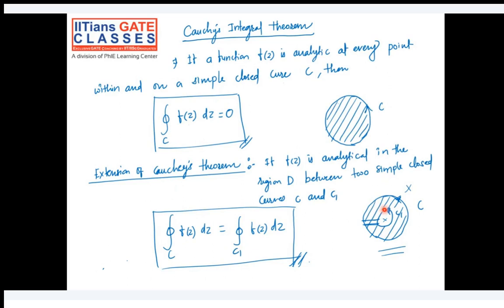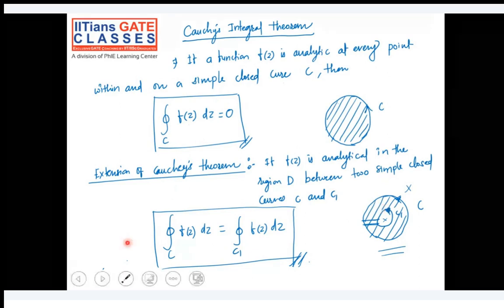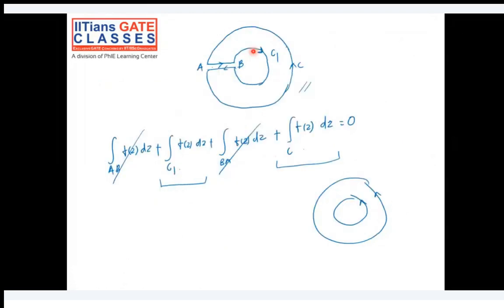I would like to extend this further, to let you know how this is derived. Look at this. How I am splitting this ring shape is like this.